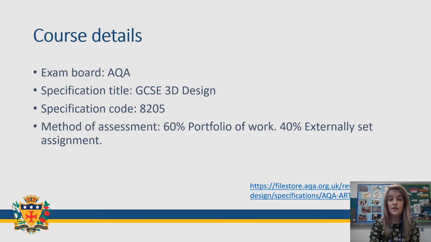It should contain design sheets of your own designs, research that you've used to come up with your designs, photos of the products that you have made, and also evaluations of the products that you've made. The other 40% is an externally set assignment which you get given in the January of Year 11. And that is set for all students across the UK that are doing this qualification.